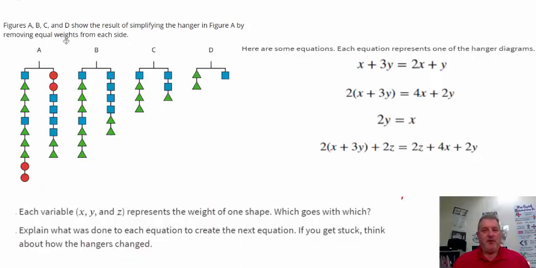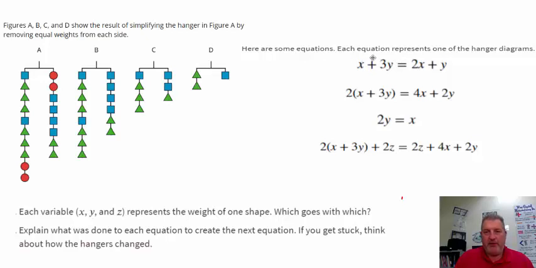So let's go to this first section here, just this upper right corner of the screen. I want you to just focus on this right now. It says figures A, B, C, and D show the result of simplifying the hanger in figure A by removing equal weights from each side. So they removed equal weights, and then they finally got down to D. So the first thing I want you to do is this section here.